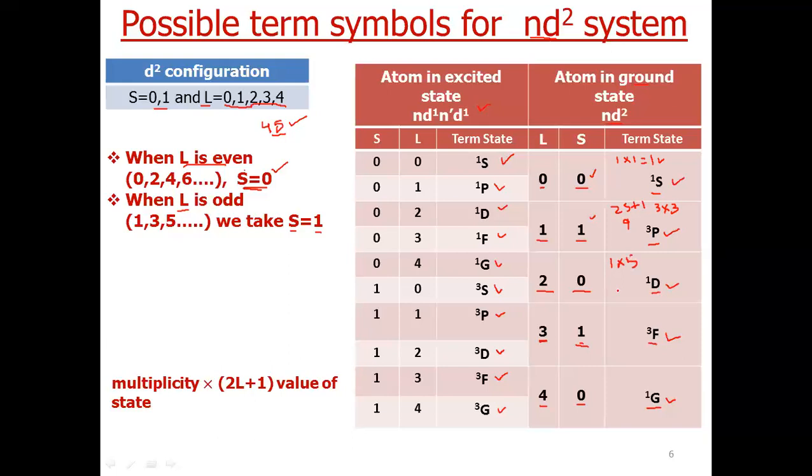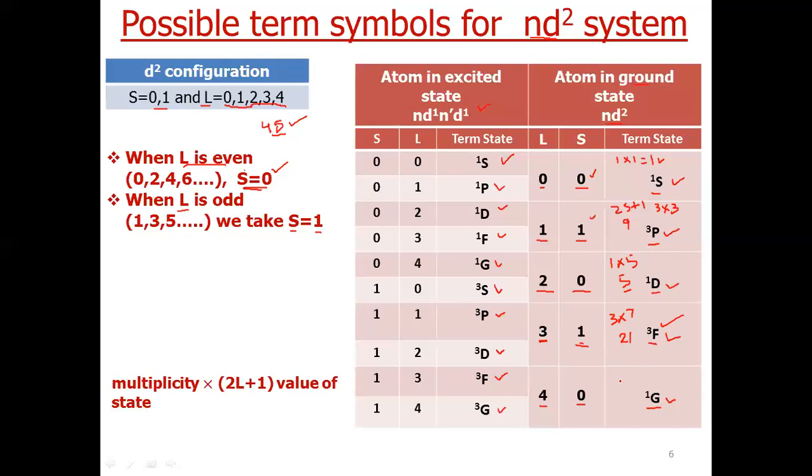So 1 into 5 gives 5 microstates. Similarly, 3F has multiplicity 3 and L is 3, so 2 into 3 is 6, 6 plus 1 is 7, and 3 into 7 gives 21 microstates associated with this term symbol.